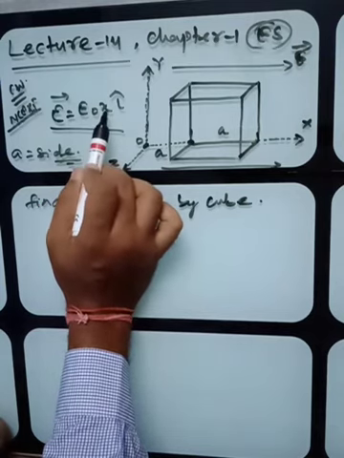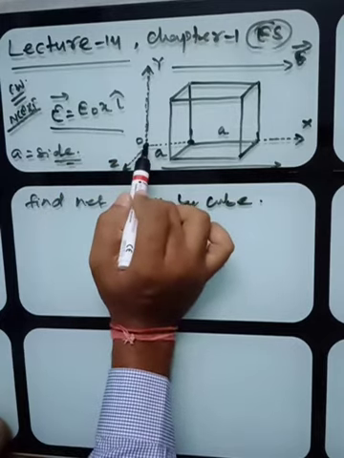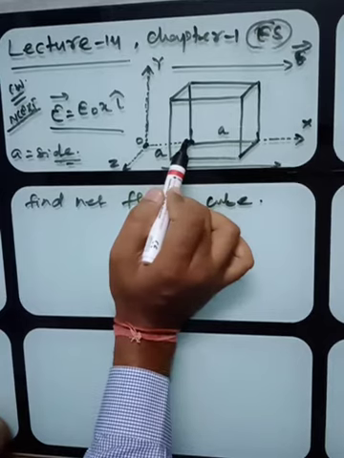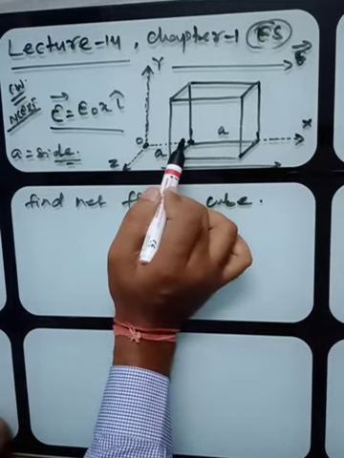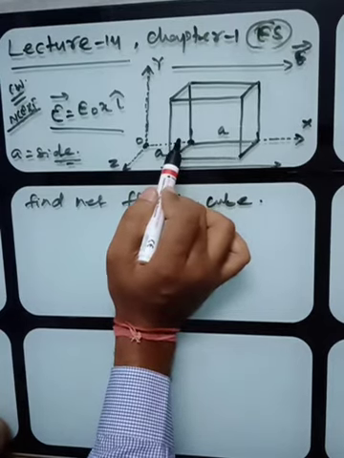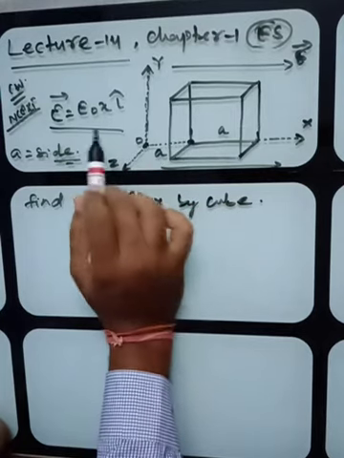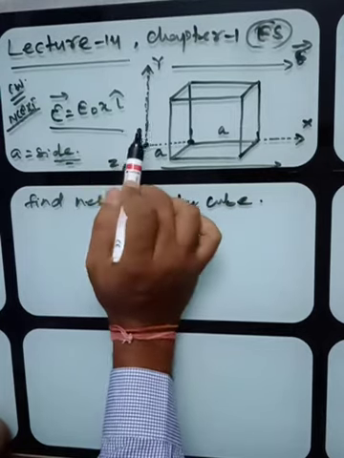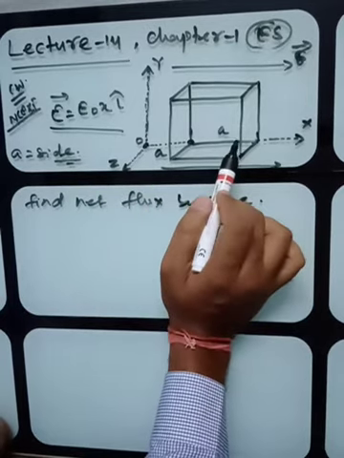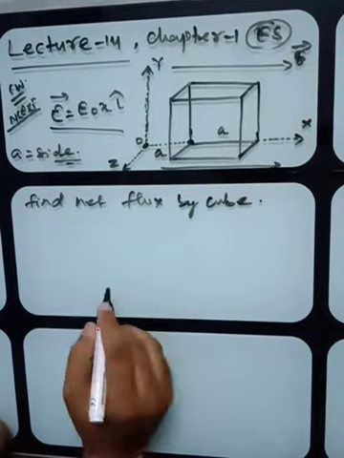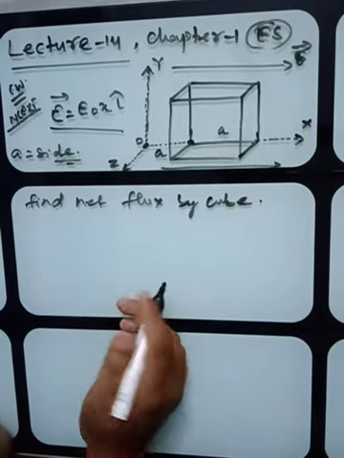For example, if x is 0, that is at the origin, the electric field is 0. At 1 meter, the electric field will be E naught. At 2 meters, the electric field will be 2 E naught. At 5 meters, it will be 5 E naught. So at A meters, the electric field will be E naught A, and at 2A meters it will be 2A E naught. Now you have to find the total electric flux.